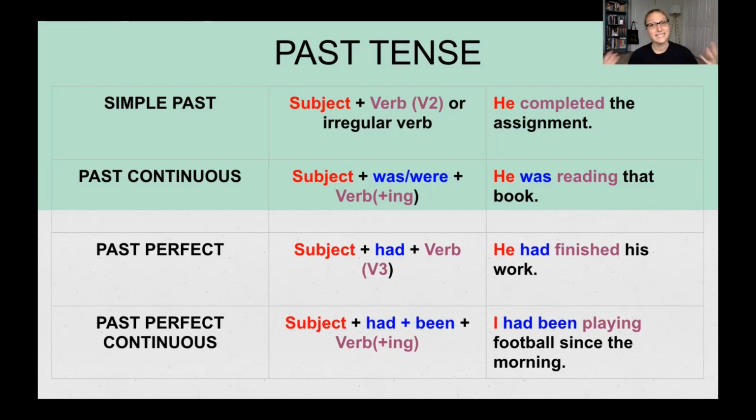Simple past is, as it says, quite simple and easy, so hopefully this will make sense. We start out with the subject, and then we go into the verb, or the irregular verb. We usually add an ed at the end, so you can see at the end of our verb, which is completed, there's an ed at the end signifying that it is in the past tense.